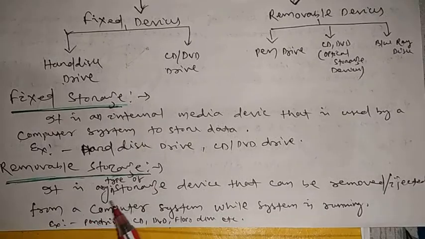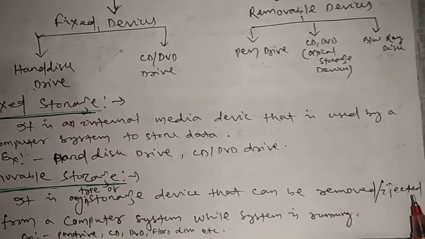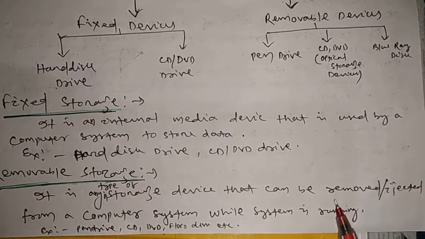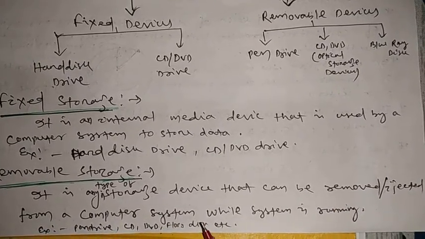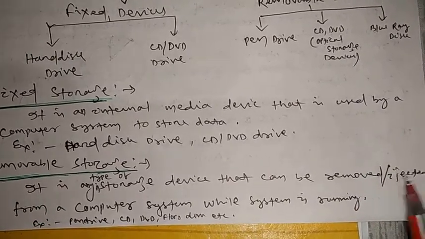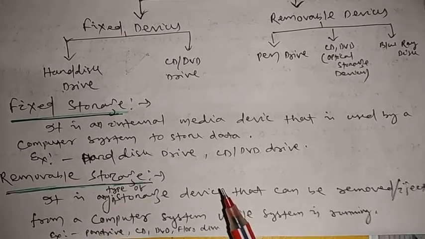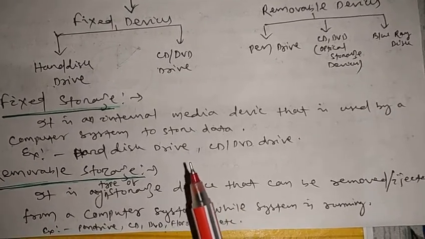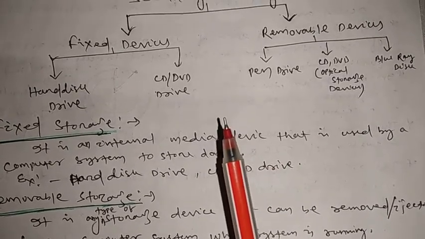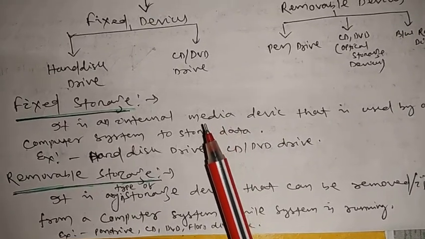Removable storage is any type of storage device that can be removed or ejected from a computer system while the system is running: pen drive, CD, DVD, floppy disk, etc. Suppose we are doing an operation on the computer with the help of a pen drive; we can remove this pen drive at any time. But if we are performing an operation with the help of the hard disk, we can't remove the hard disk easily.